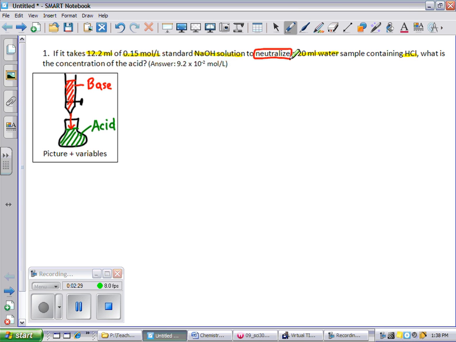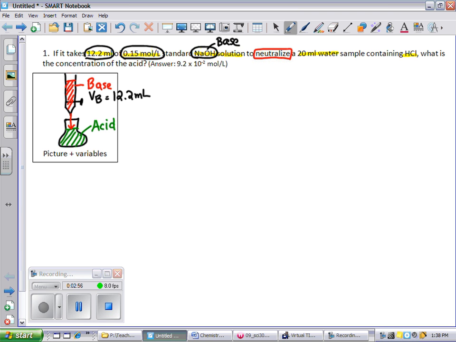First of all, the question says it takes 12.2 milliliters of a 0.15 mole per liter standard NaOH solution. We know NaOH is a base because it has the OH, which is the hydroxide ions. So in our diagram, we're going to put the volume of the base, which we'll call VB, equals 12.2 milliliters.